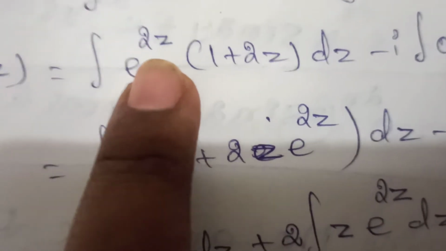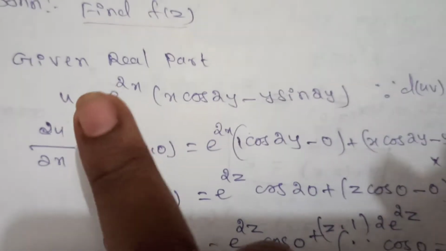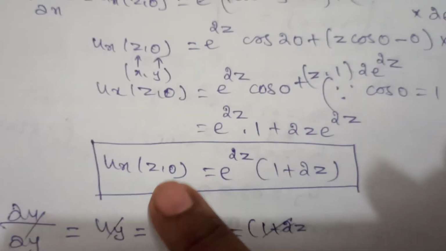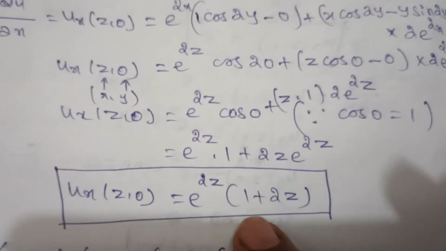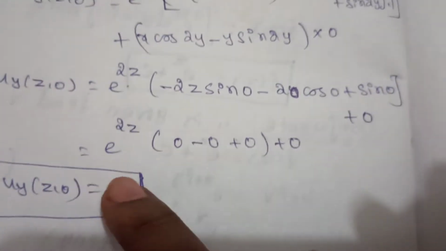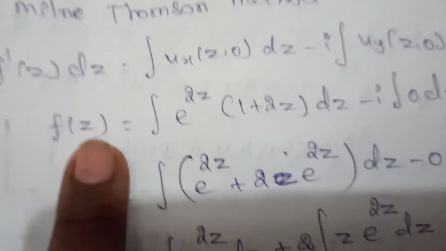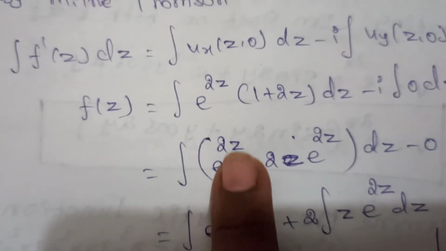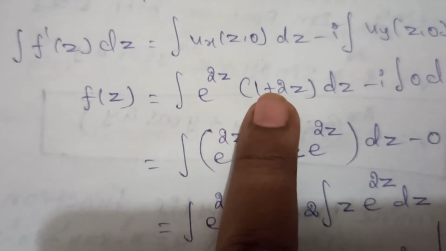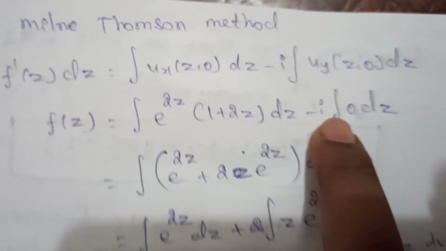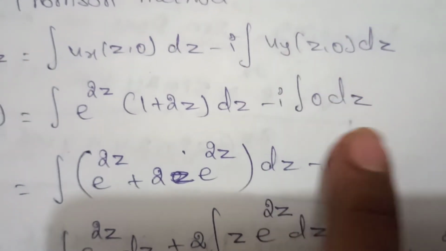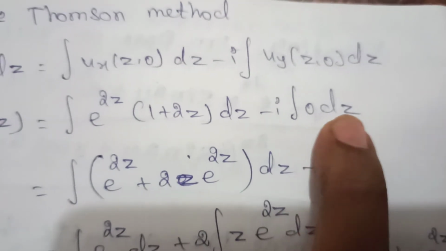What do we get as the answer? What's the u_x value? See, the u_x value is e^(2z) into (1 plus 2z) and the u_y value is 0. Here we substitute these two values in the Milne-Thomson formula, that is u_x value e^(2z)(1 plus 2z) dz minus i into the 0 value dz.